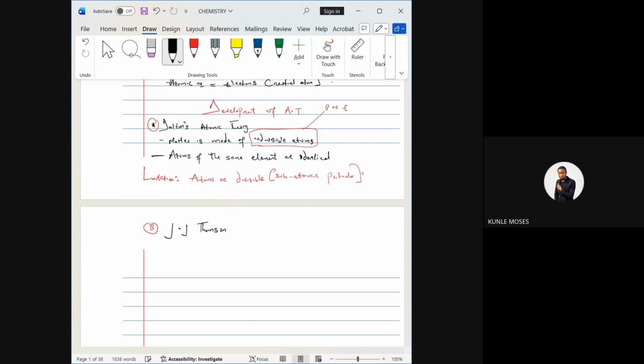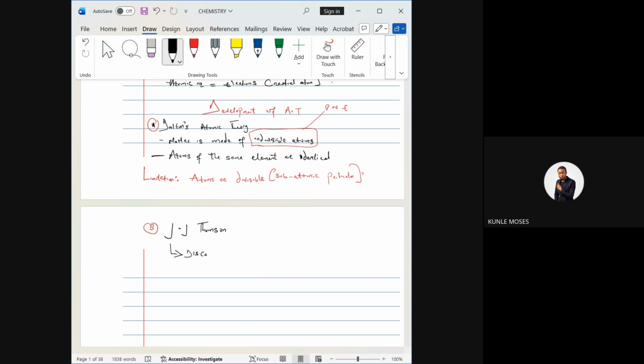So JJ Thompson. What is the theory of JJ Thompson? He discovered the electron. Please, I want us to finish this chapter today. So let's be very, very fast, because we are having your test on Friday.